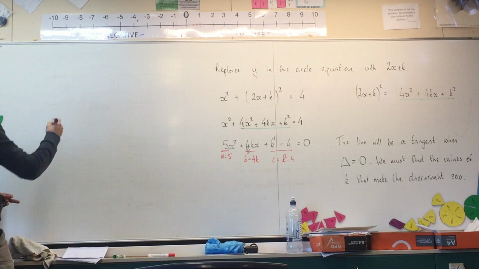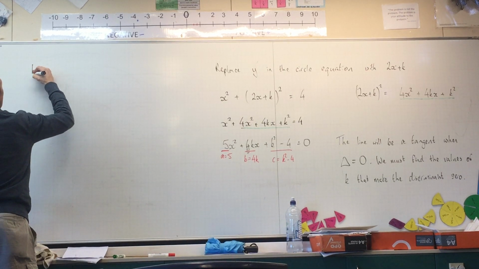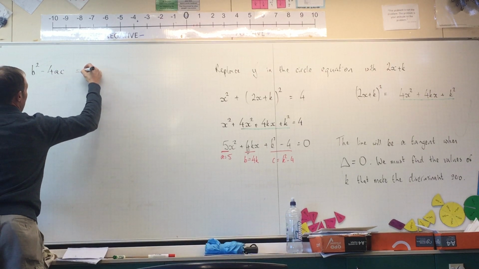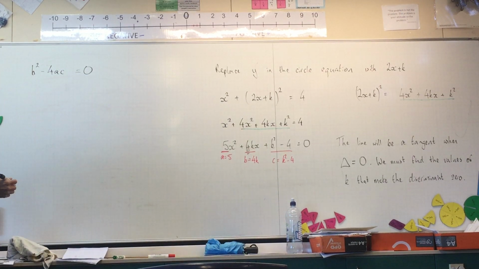So we need b squared minus 4ac equals 0.